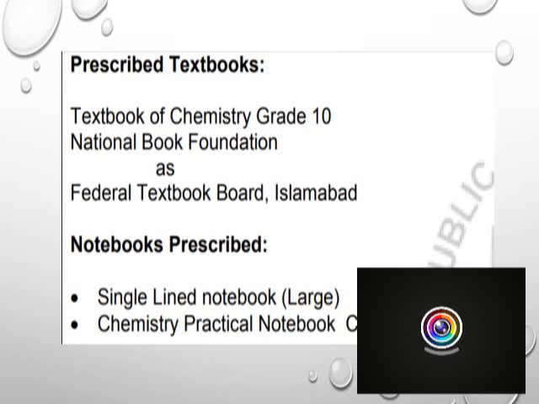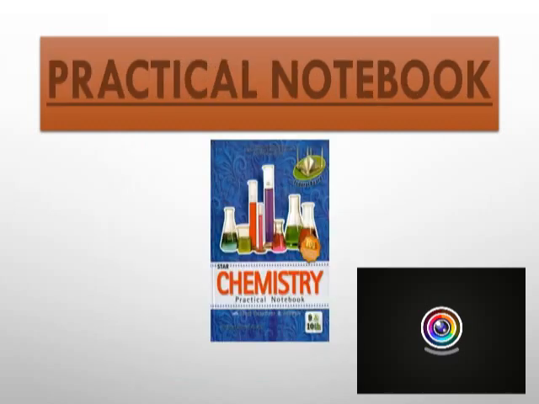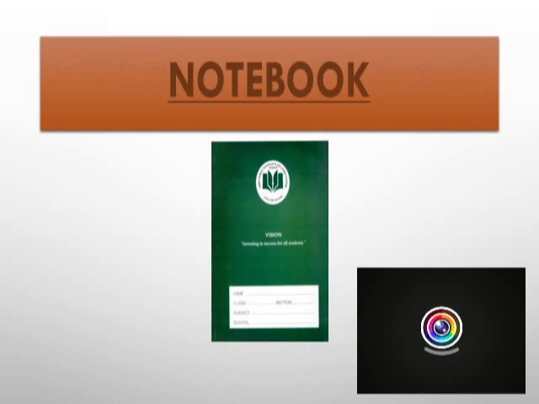It's a combined notebook. So this is the cover of your book for 10th class chemistry. This is how your practical notebook looks, and here is the front cover page of your notebook.